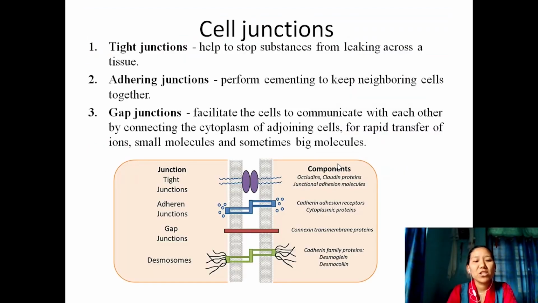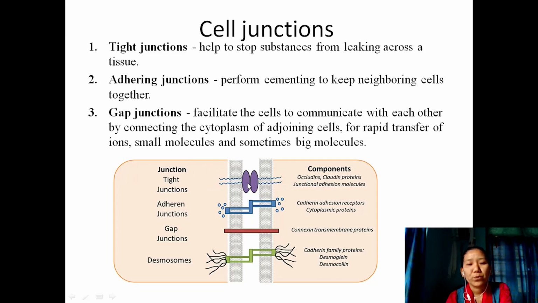There are three types of junctions. First, the tight junction, which makes sure that the cell does not leak substances into neighboring cells or tissues. Second, the adhering junction, which cements the neighboring cells so they are placed close together. And the third is the gap junction, which facilitates communication between cells by the transfer of molecules, whether small or big.